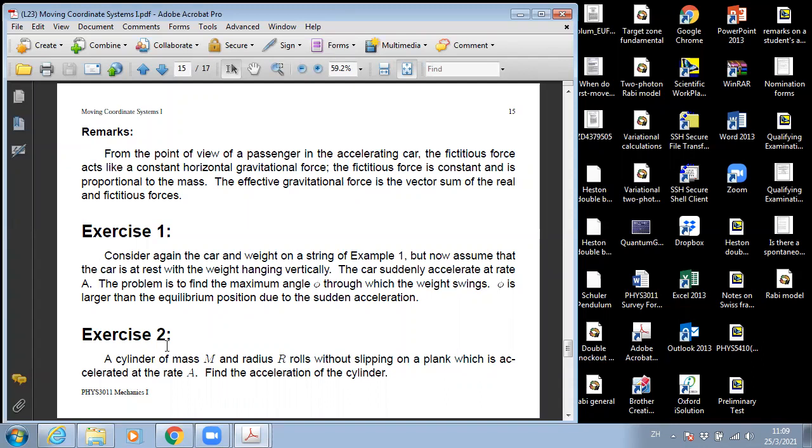What is the acceleration of the cylinder observed in the inertial frame? Can you follow me? The plank is actually accelerating upward as well.